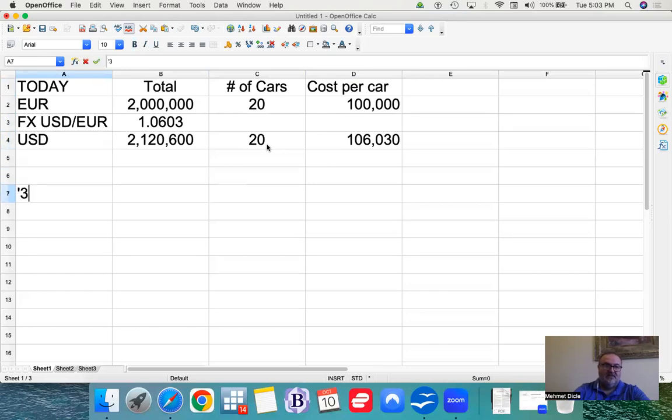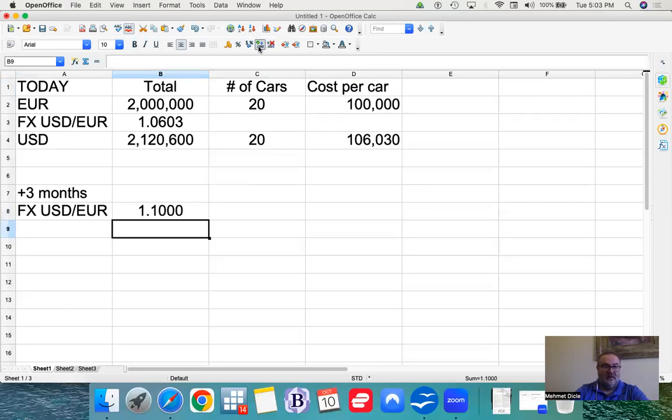And then in 3 months, if the exchange rate changes to say 1.10, this is how much we collected selling the cars. So at that exchange rate, 1.1, the amount of euros that we are going to have, converting those dollars that we collected at the new exchange rate, will be this much.